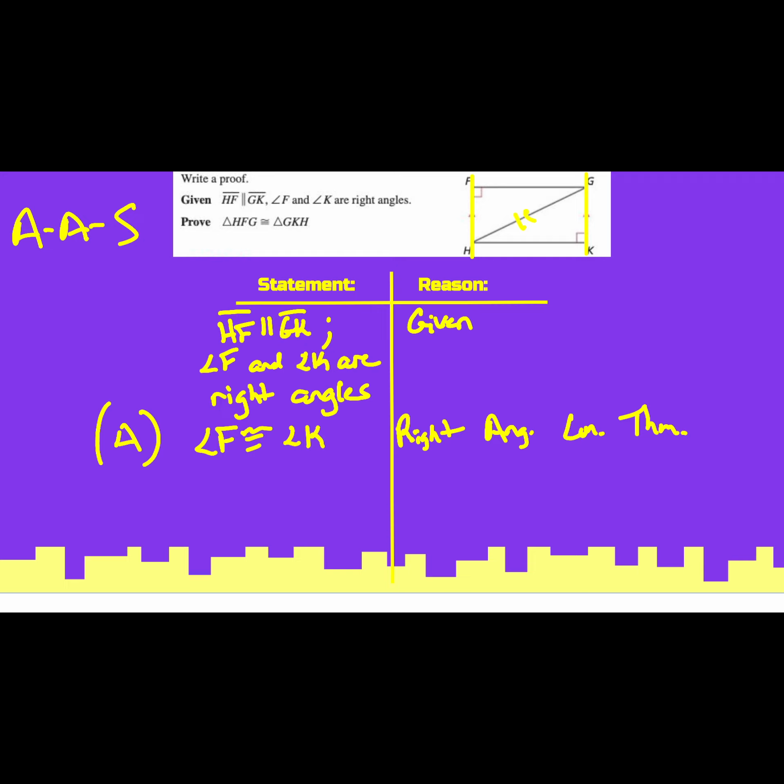What side do they both have that we can easily know is congruent? Which would be what? GH is congruent to HG.